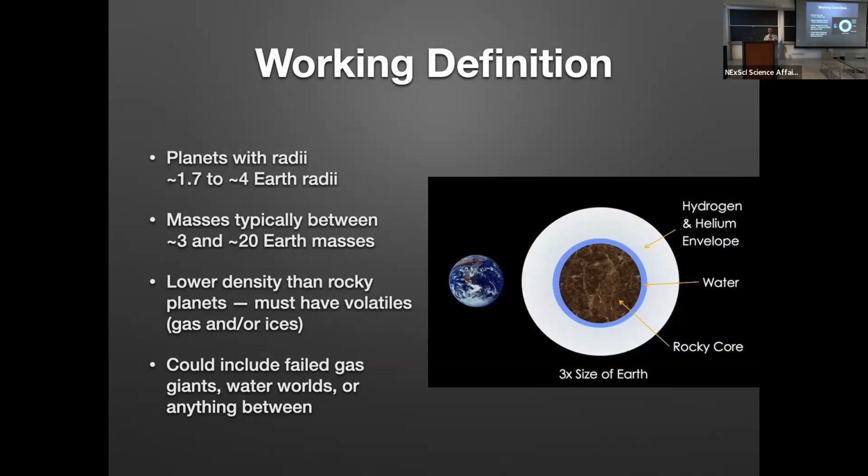They need to have some sort of volatiles. Now that might mean a big gas envelope on top of a relatively dense core. It could mean water worlds dominated by a lot of water and a thin atmosphere on top, or some combination of both. And it really leaves us with a pretty broad range of possible internal structures that can fit this mold.